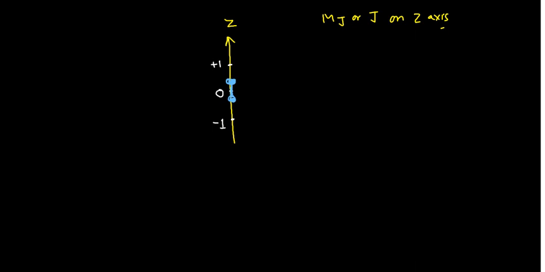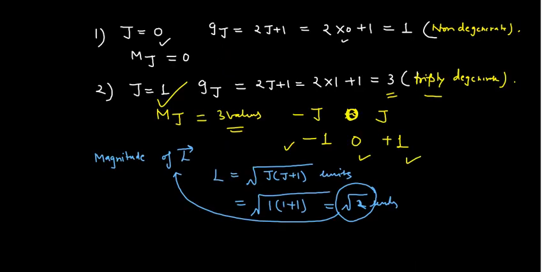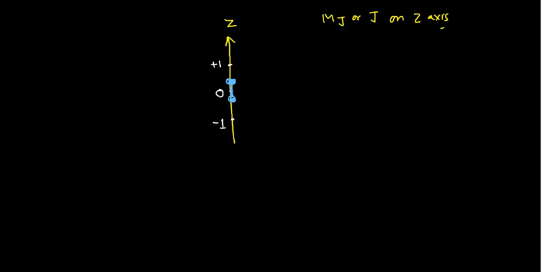It can take the different orientations -1, 0 and +1, and the magnitude of that angular momentum is √2. So how can we show this in the picture? This is the length of the arrow, which corresponds to √2 multiplied by h on 2 pi.